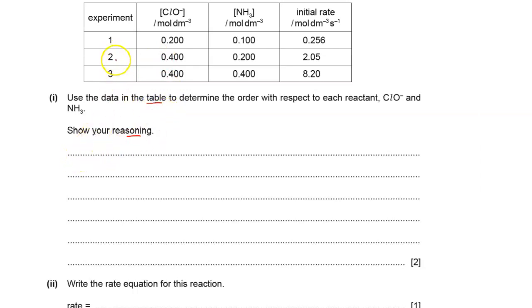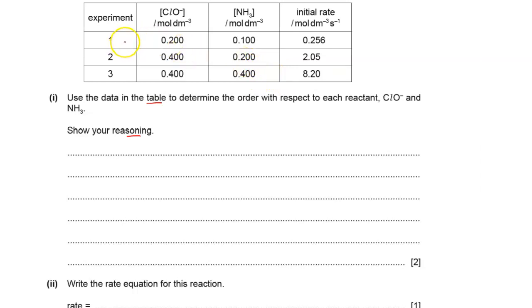First, you can see in experiment 2 and experiment 3, the concentration of chlorite remains the same, while the concentration of ammonium doubles. So the rate increases by 4. So the order with respect to ammonium is 2.